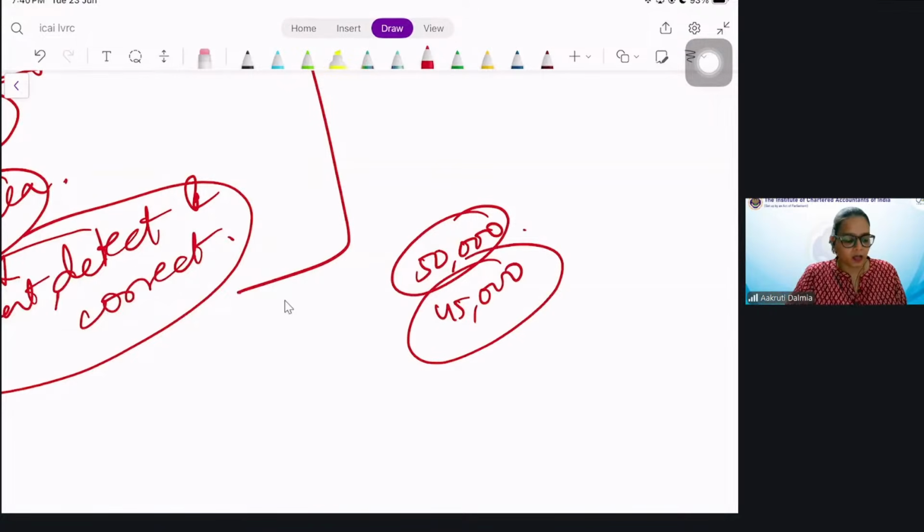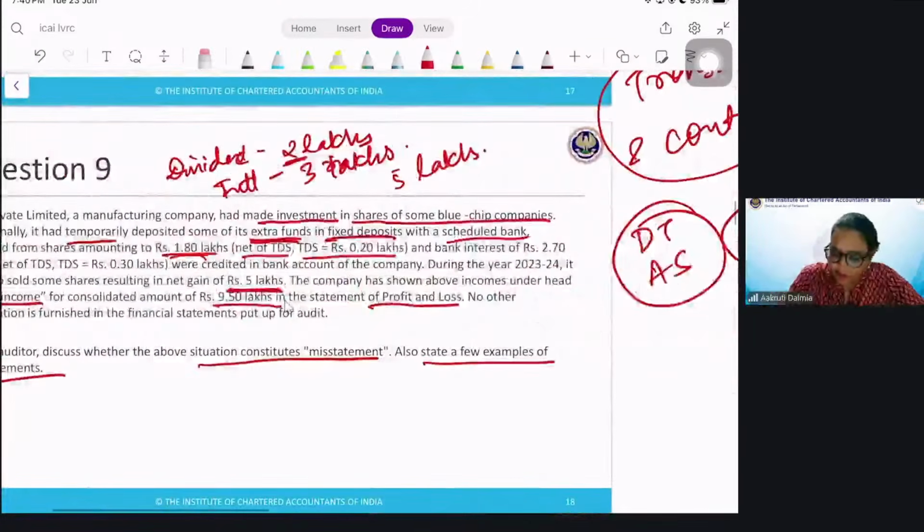If I'm filing my income tax return, what do you think is my income? 50,000 rupees or 45,000 rupees? 50,000. 5,000 is tax. Yes or no? Which means I'll calculate my income tax as per 50,000 income. Suppose my tax comes to some amount, I will minus the tax I have already paid. Same way, apply that logic.